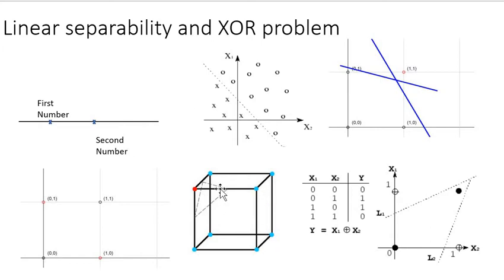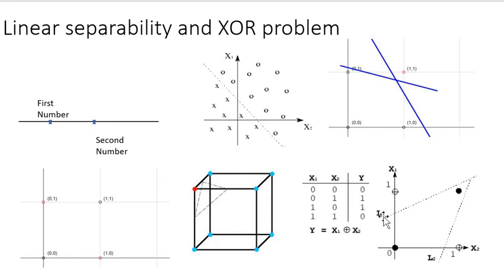Now let's try to understand what the XOR problem is. If you remember how an XOR gate works, if I have the input of (0, 0) or (1, 1), in other words an even number of inputs, where both can be negative or both can be positive, my output is going to be 0.